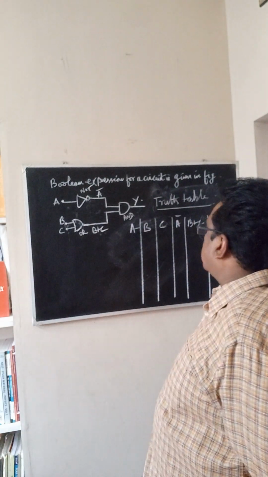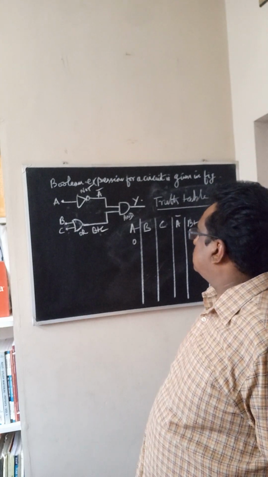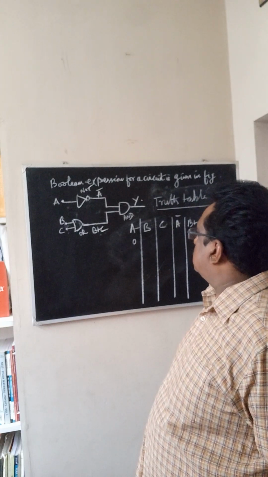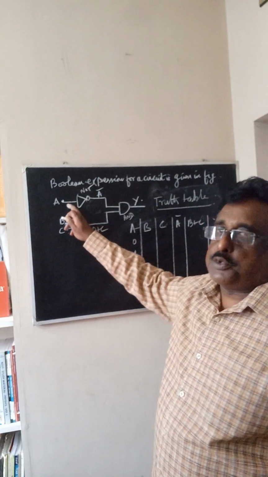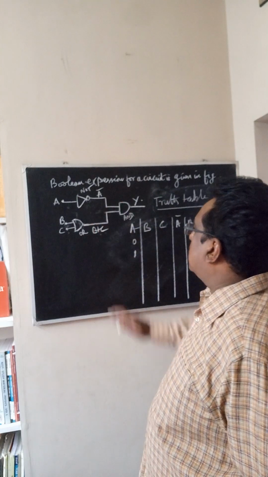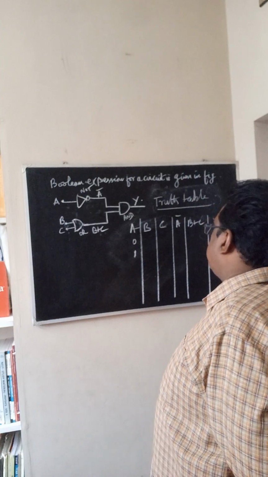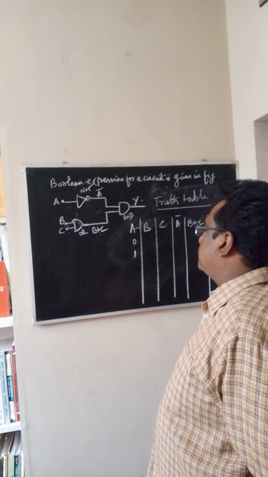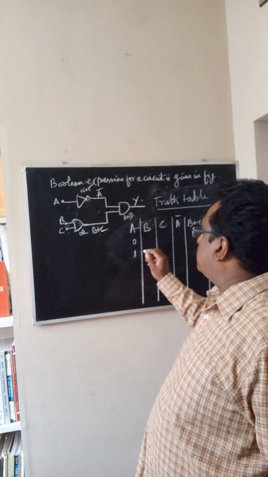So you can say 0, 1. These are the only two inputs which are possible. Either it can give high or low. It will be inverted and given at the end as A bar. Whereas B and C, you can give different inputs. Say, we take 0 and 1.